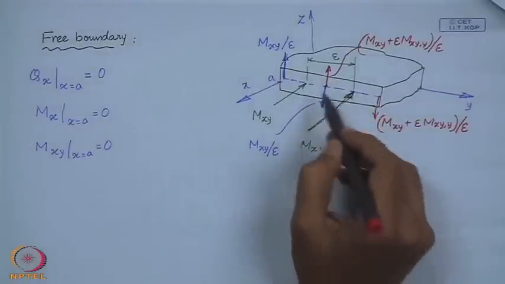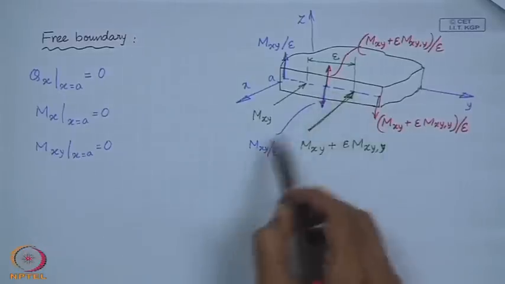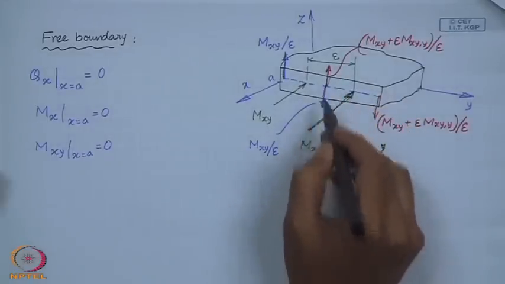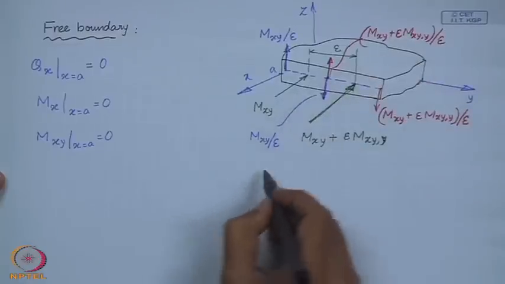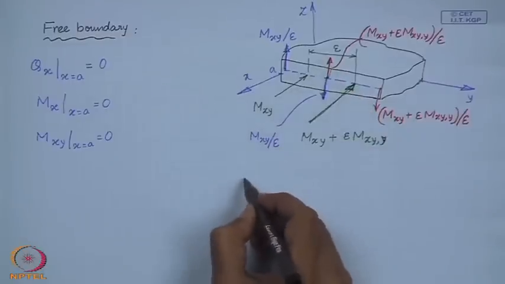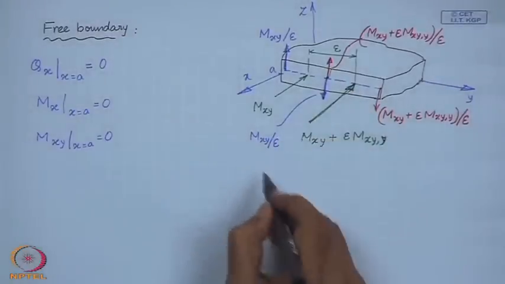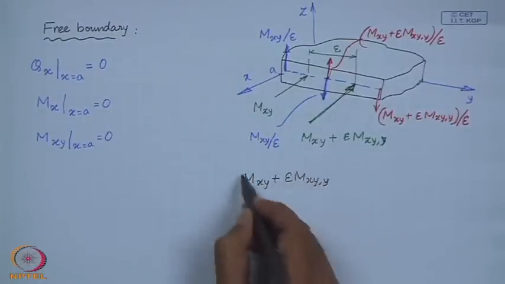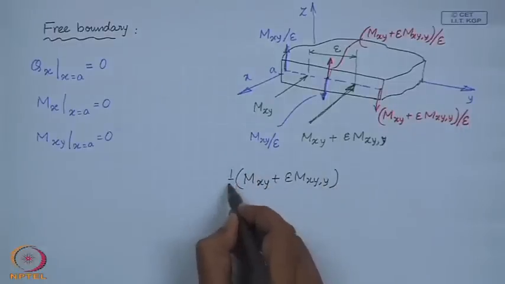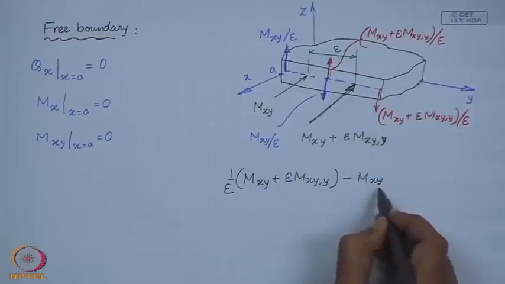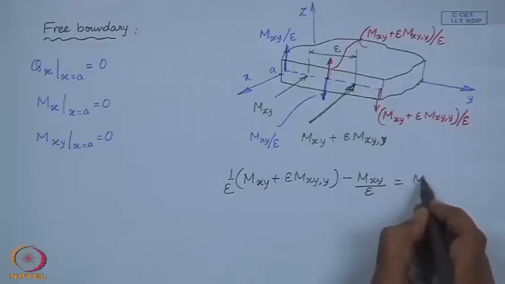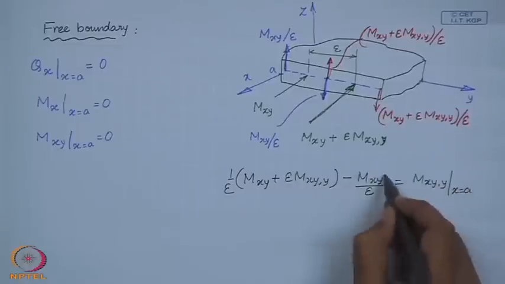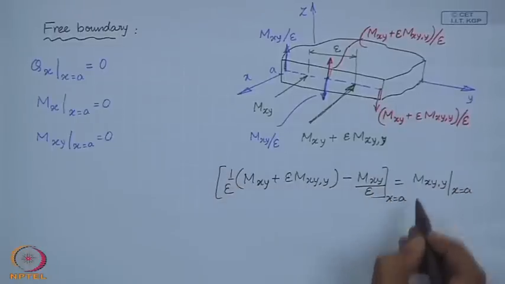Therefore, at this point you can imagine that the force resultant here, which is now a transverse force, is given by, all these things calculated at x equal to a.